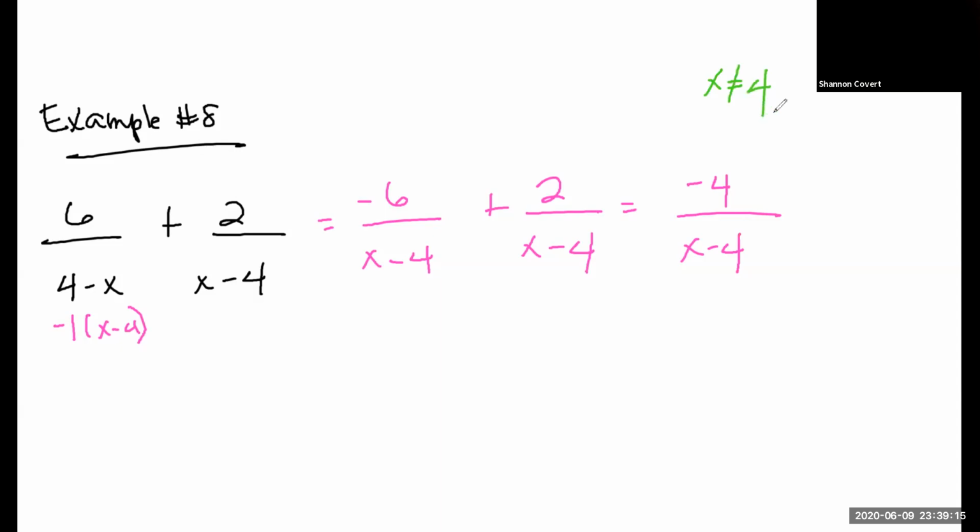I'm actually going to do one more example because this one probably confused you a little bit. I apologize. We'll do another one similar to that one.